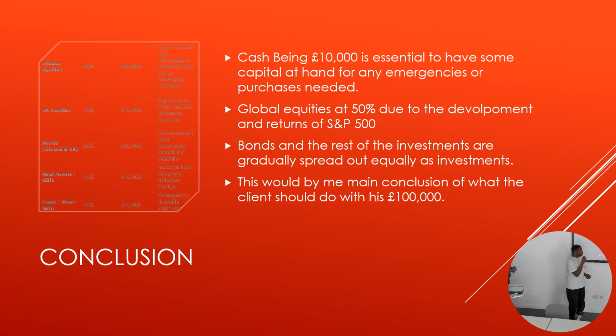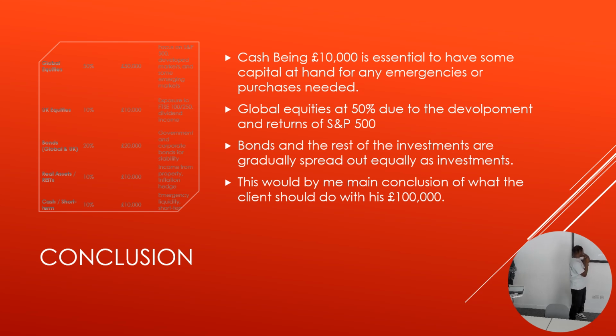The conclusion for the whole portfolio: I would say cash being held around £10,000 due to emergencies and any funds which are needed for purchases. Global equities are at 50% due to return on investment. You want the biggest return you could possibly have.